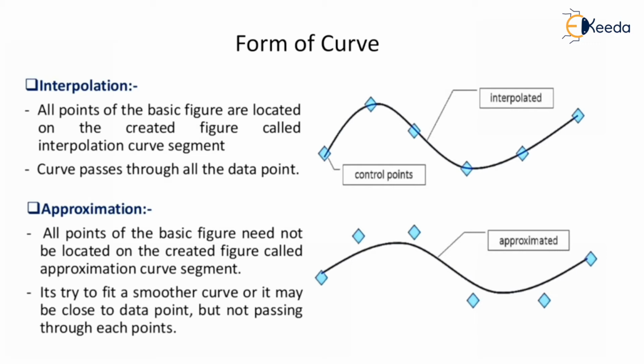Approximation: all the points of the basic figure need not be located on the created figure, and that is called an approximation curve segment. It tries to fit a smoother curve, or it may be close to the data points but not passing through each point.